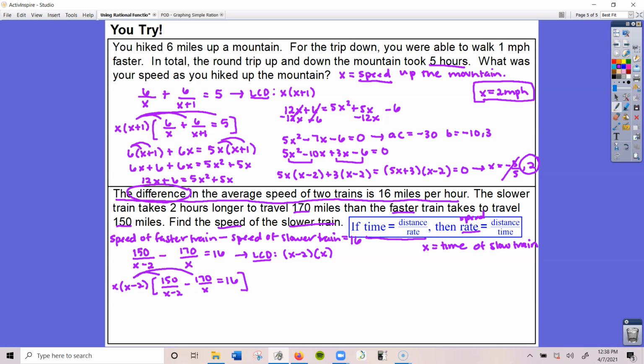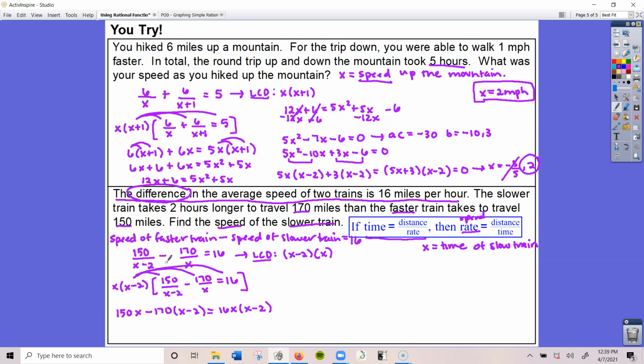We distribute. So here the x minus 2's would cancel, so we would only multiply the 150 times x. Minus, now here the x's would cancel, so we would multiply 170 with x minus 2. And that's going to equal 16 times the LCD, since nothing would cancel.